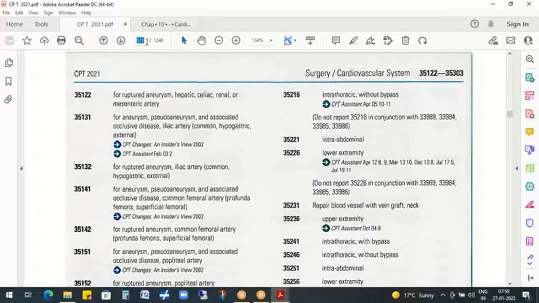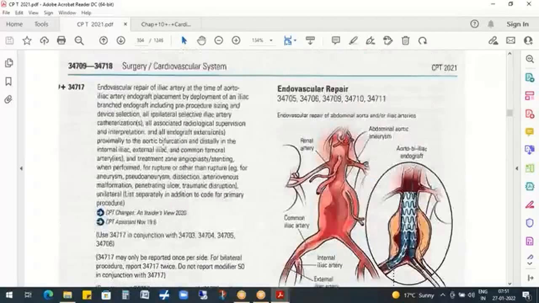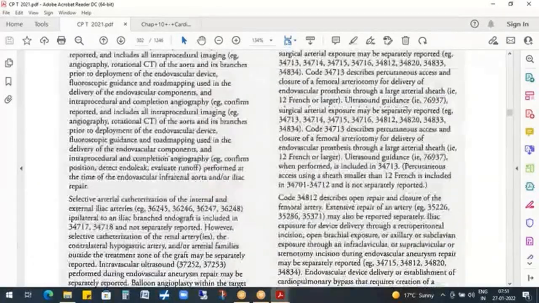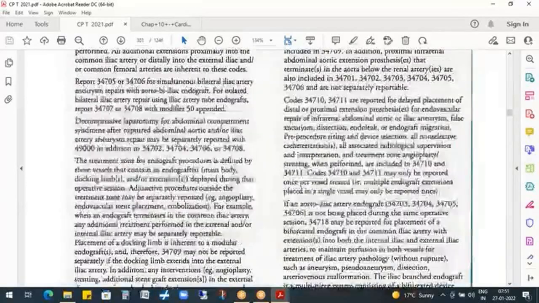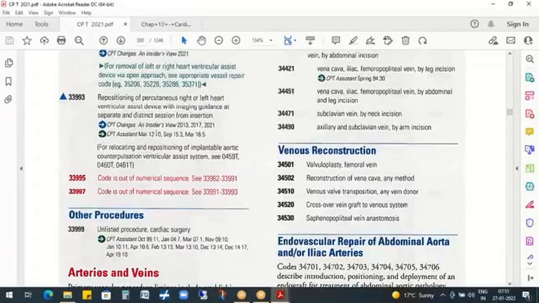Next point, number of veins used. Third point, combination of artery and vein used.